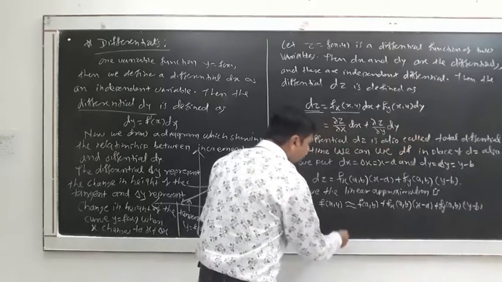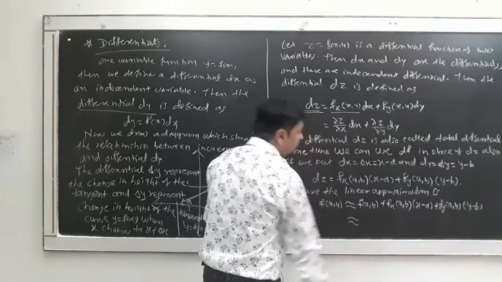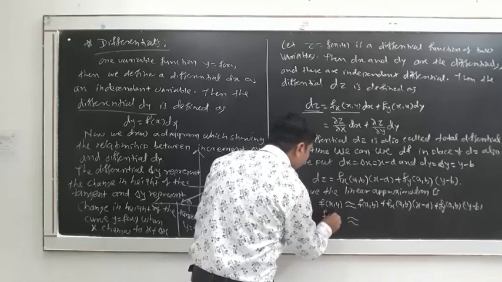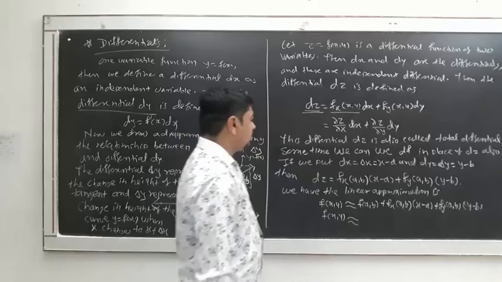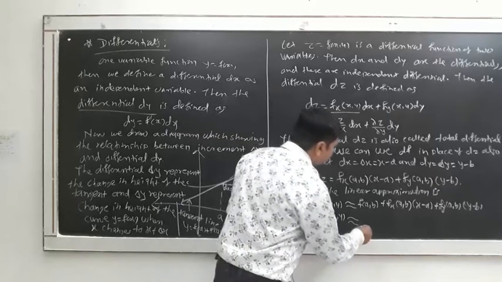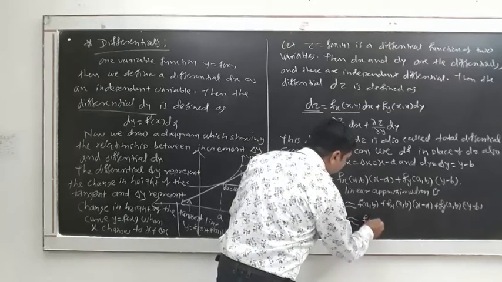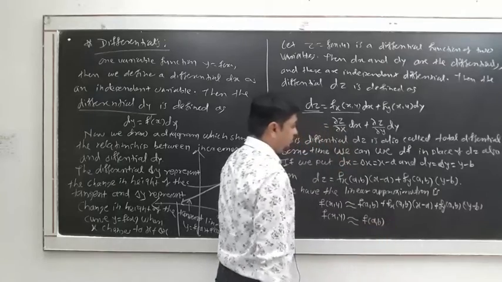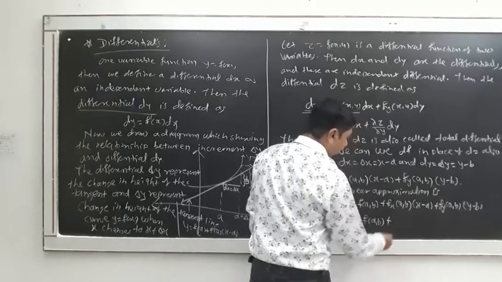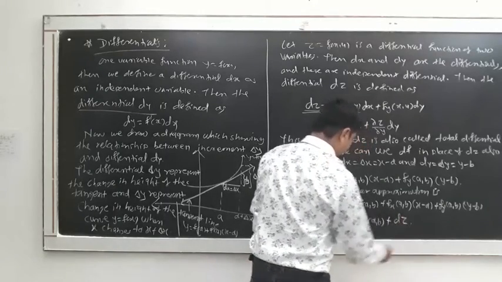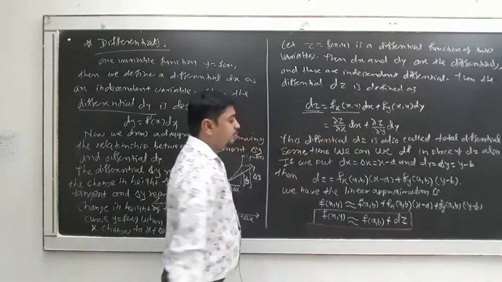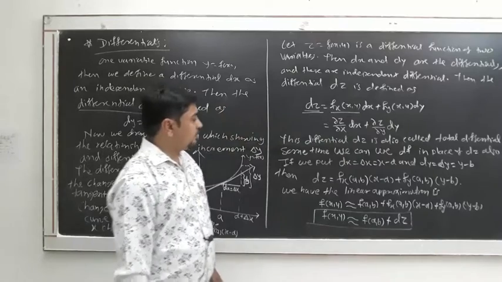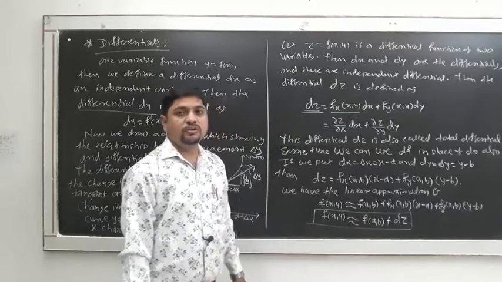This linear approximation can be written in the form of differential, that is, f(a,b) plus dz. So this is the linear approximation in the notation of differential.